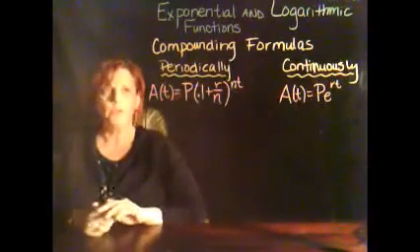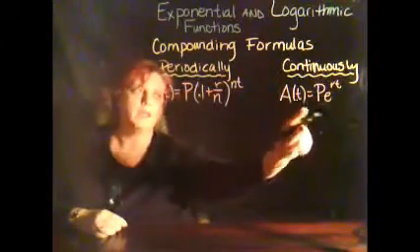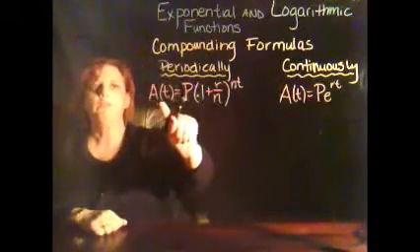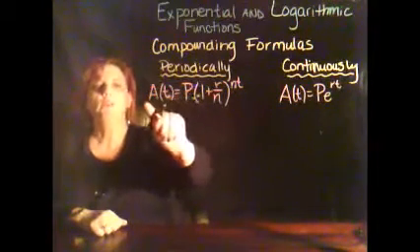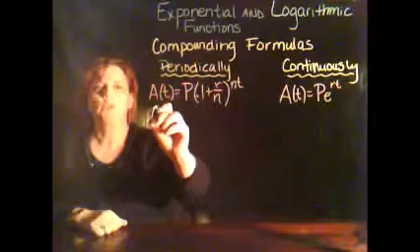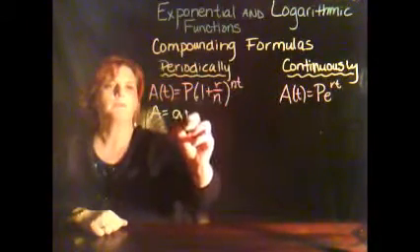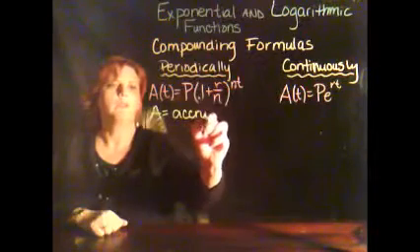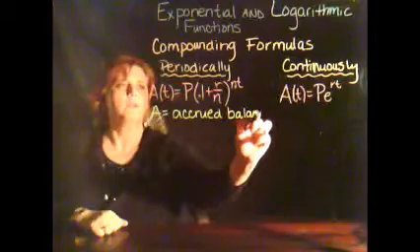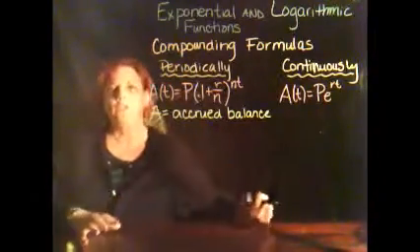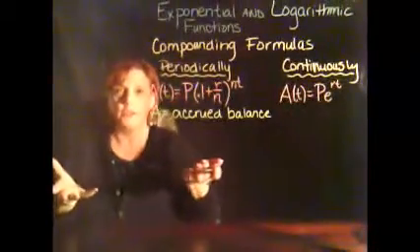I know you guys have used those before, but let's look again at what all these letters mean. You may have seen it without the A with the parentheses T, but the A stands for accrued balance in both formulas. We want it in relation to time, so that's why we put the parentheses T, and that makes it a function of time.